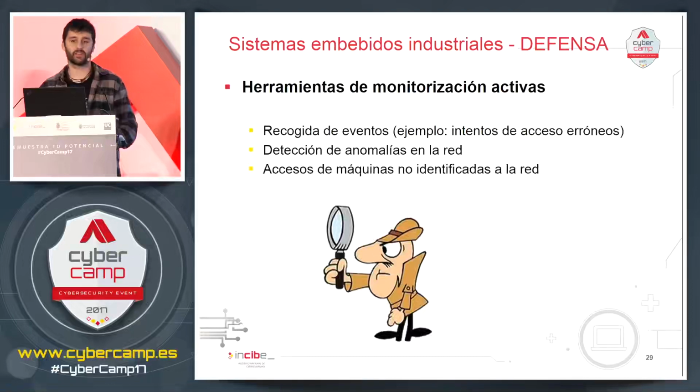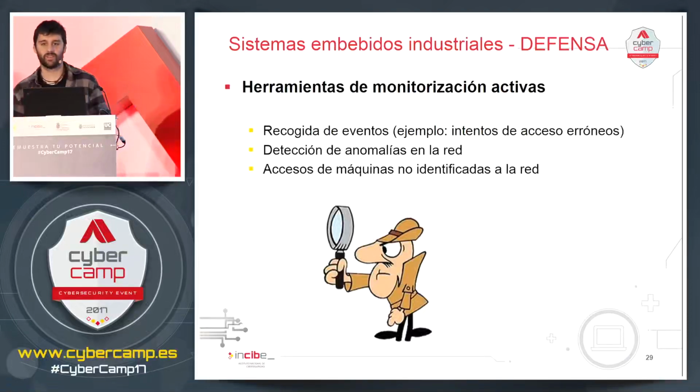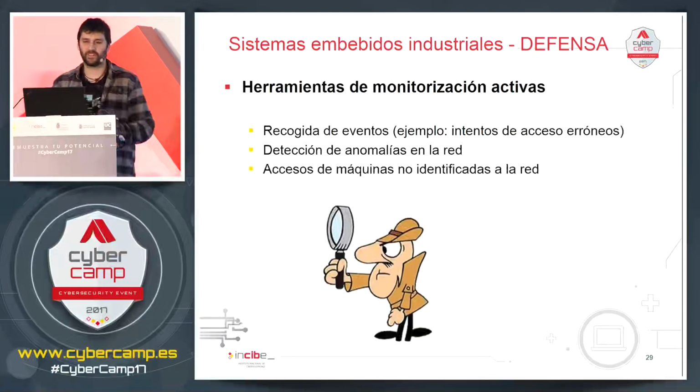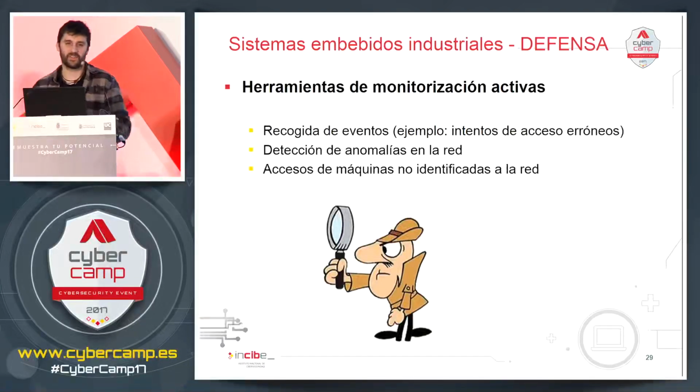It isn't logical. Also, the access of unidentified machines to the network. Here we can mention the case of Mr. Robot, who would take the Raspberry, plug it into the net, and he was free to go. Wow, that is a TV series, because he had to do a lot of things in order to plug something in the Raspberry.